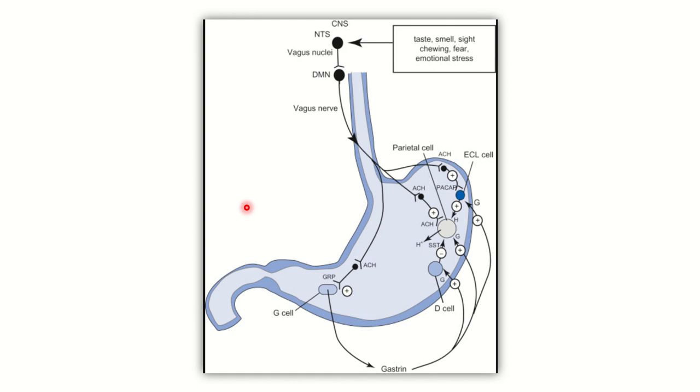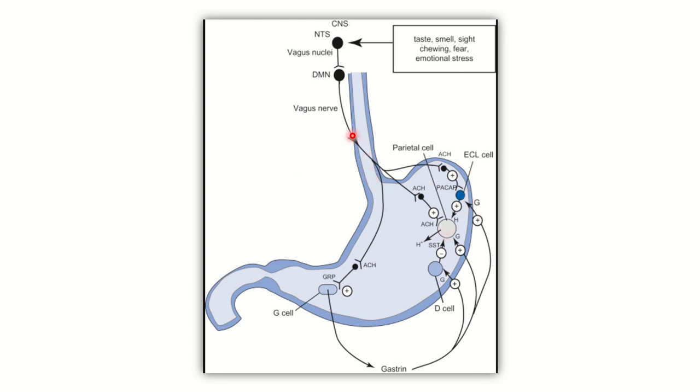Here we can see the normal secretion of hydrochloric acid, hydrogen and chloride, and there are different types of mechanism. First of all, we can see one stimulus from the vagus nerve, a parasympathetic nervous system component, which secretes acetylcholine, and this acetylcholine acts on the parietal cell and secretes hydrochloric acid.